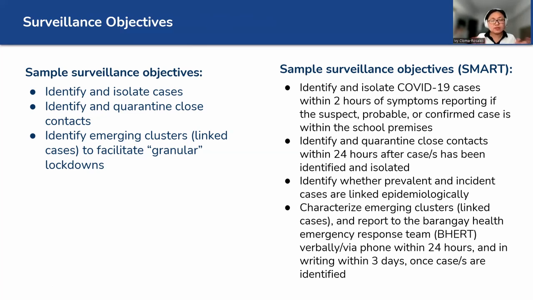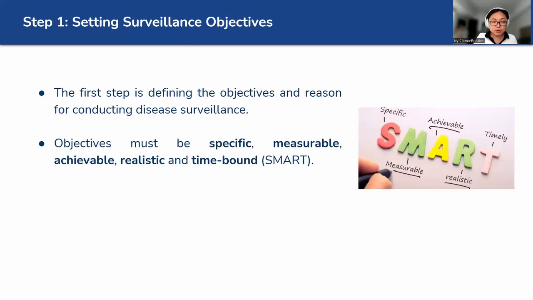So I hope by the end of this series of modules, you can also create your own surveillance objectives. Again, it has to be SMART, right? So it has to be specific, measurable, achievable, realistic, and time-bound.